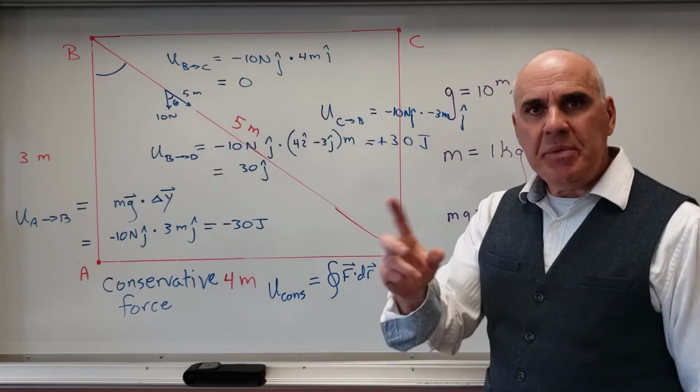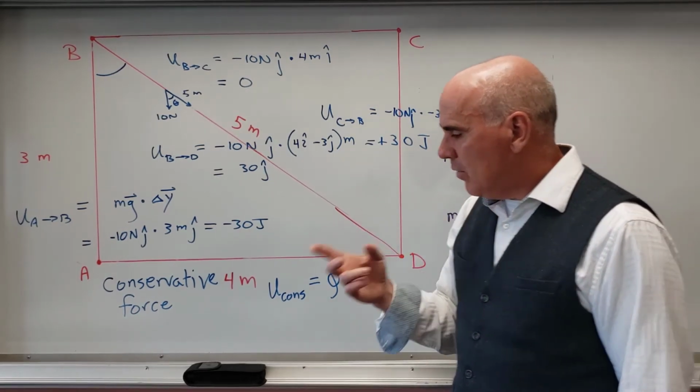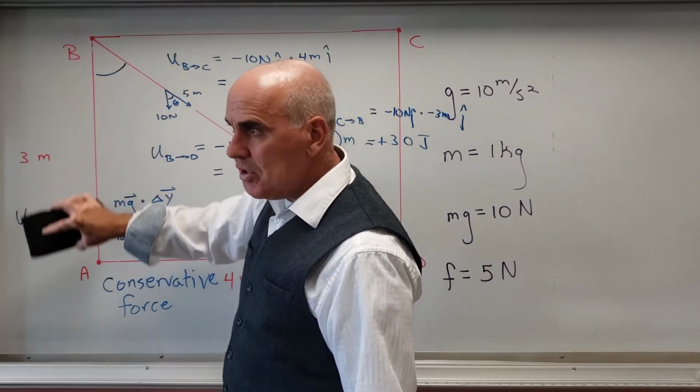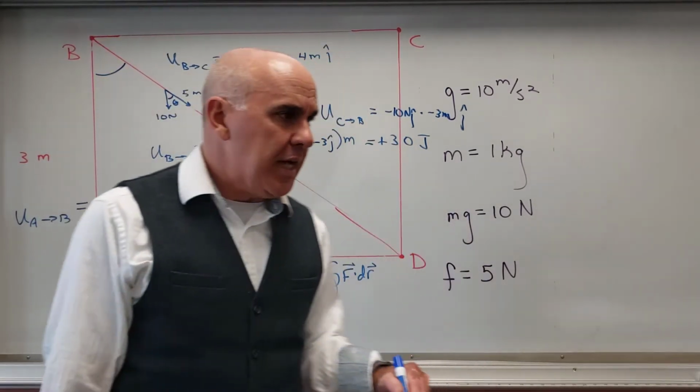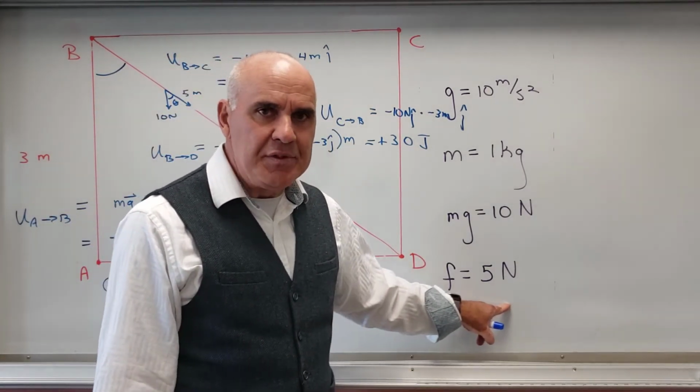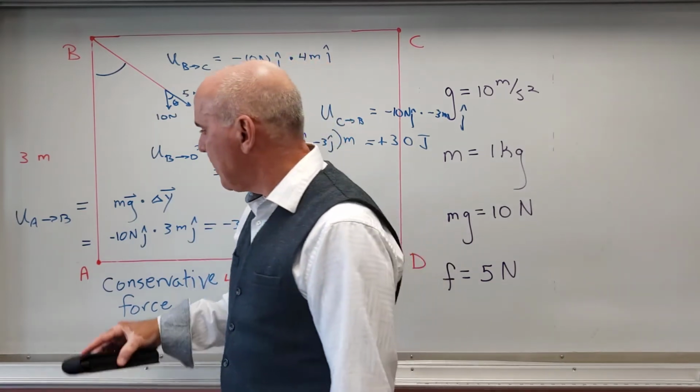Now, what would be a non-conservative force? Well, let's assume that I'm dragging this along the board. Right? I'm going to drag it along the board, and when I do that, I have a frictional force, and I'm going to stipulate the frictional force as 5 newtons. Doesn't matter what it is exactly.